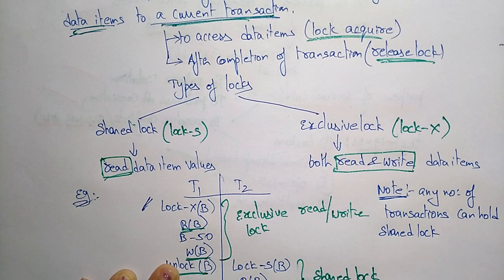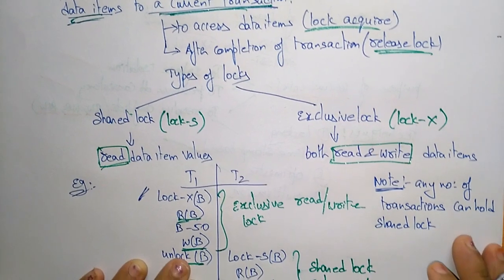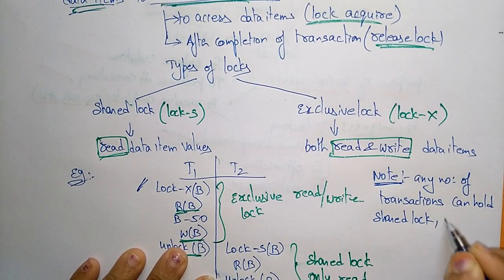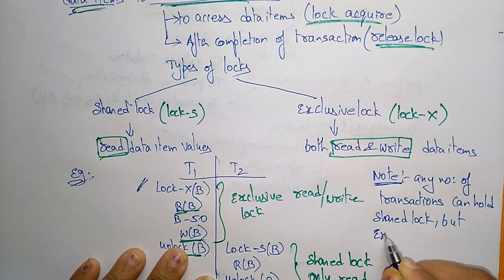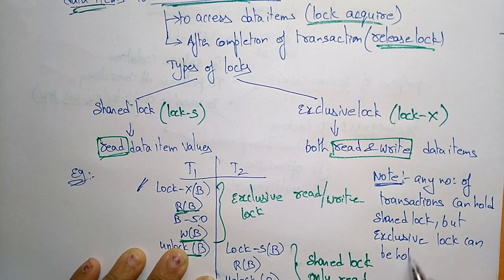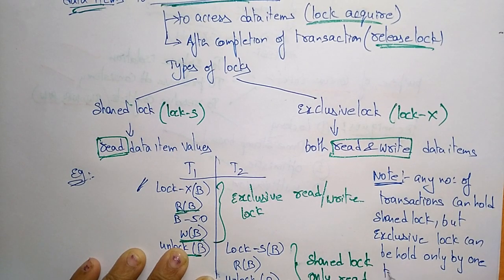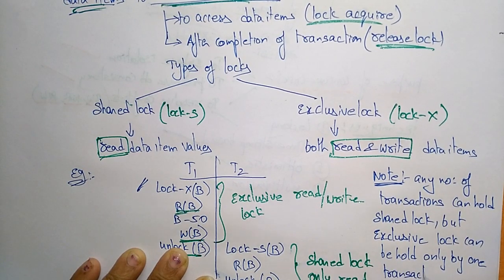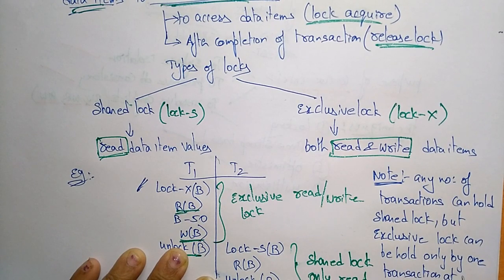Any number of transactions can hold a shared lock, but an exclusive lock can be held only by one transaction at a time. So this is the important note you have to remember.